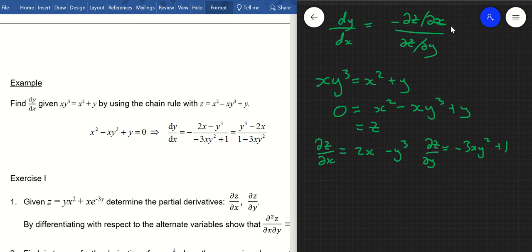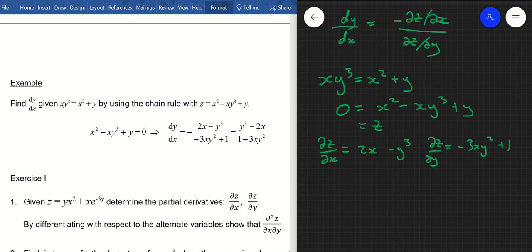We can put that together here so that the ordinary derivative dy by dx is going to be minus this one. I'm just going to swap signs because it's minus, over the other one, and I'll change the order. There. That's pretty quick and in one step. There's no need for implicit differentiation at all by using partials.